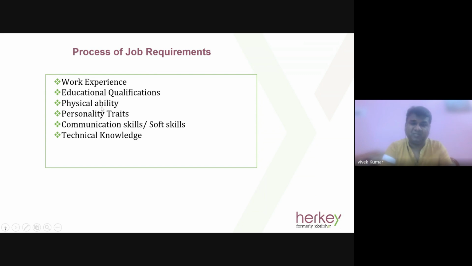Okay. So again, if it's not required, I don't think you have to write this. But in case you have a policy or a job role which is very rigorous for a person with a certain physical ability, right? So you should probably highlight that. Okay.